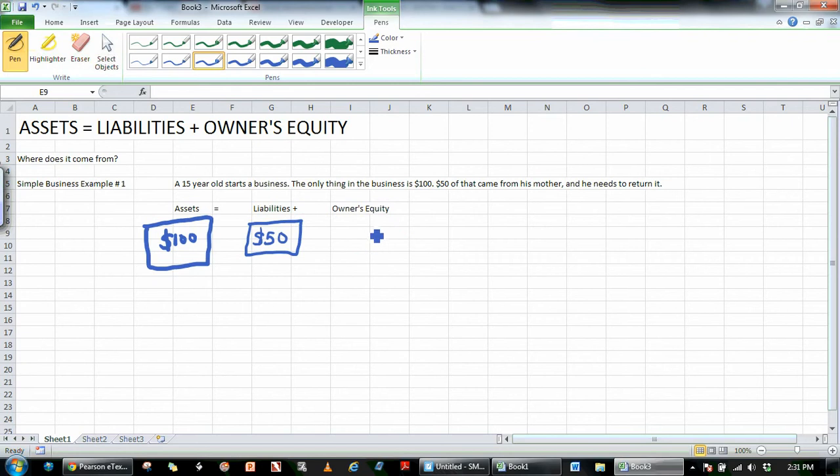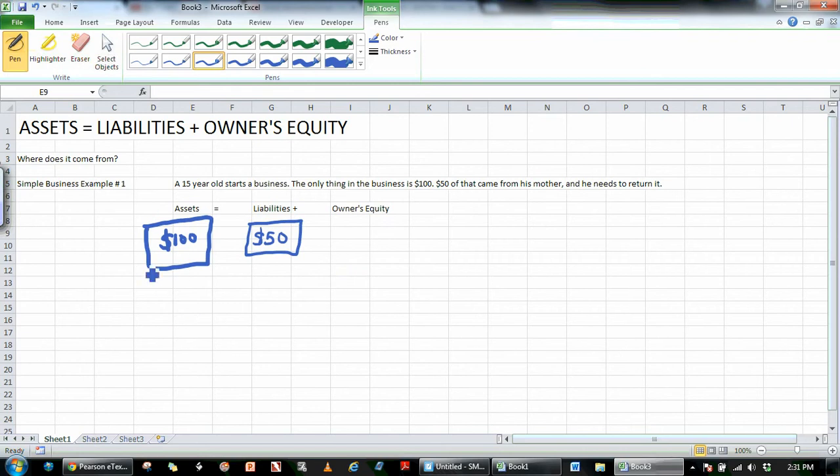Owner's equity is the real definition. This is where a lot of you are lacking this understanding. The entire value of the assets that is not owed to somebody else belongs to the owner.